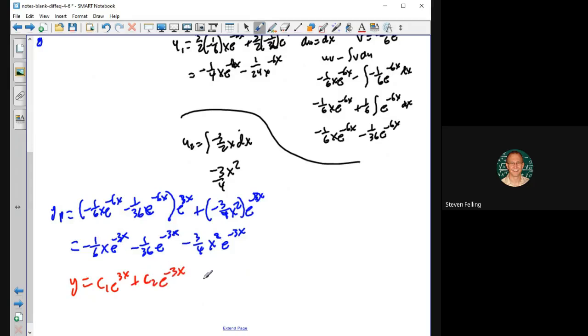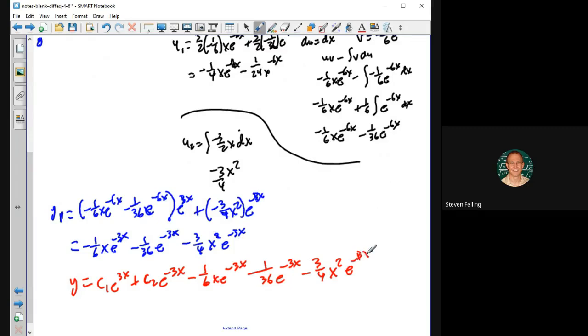And then we can tack on this, which will have functions here. I guess we do have one absorption here, and that's actually okay. 1/6 x e to the negative 3x minus 1/36 minus 3/4 x squared e to the negative 3x.